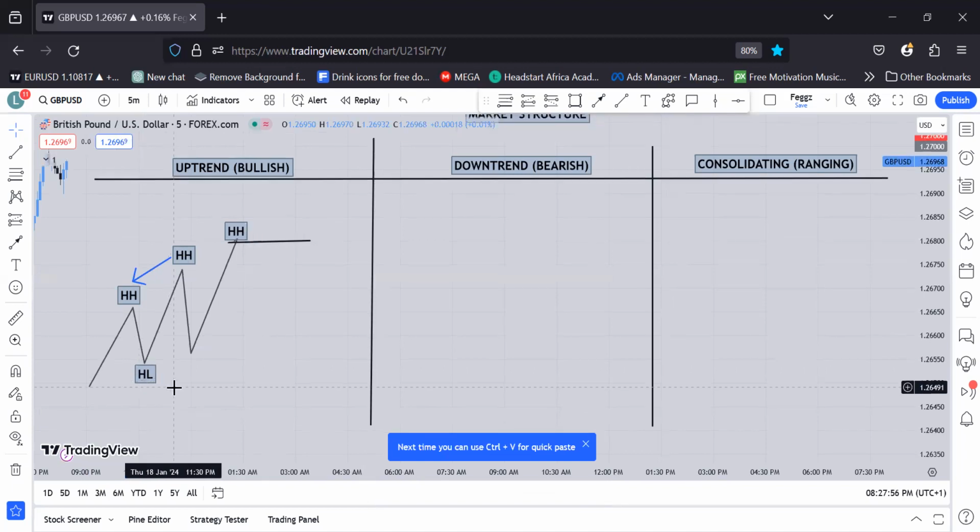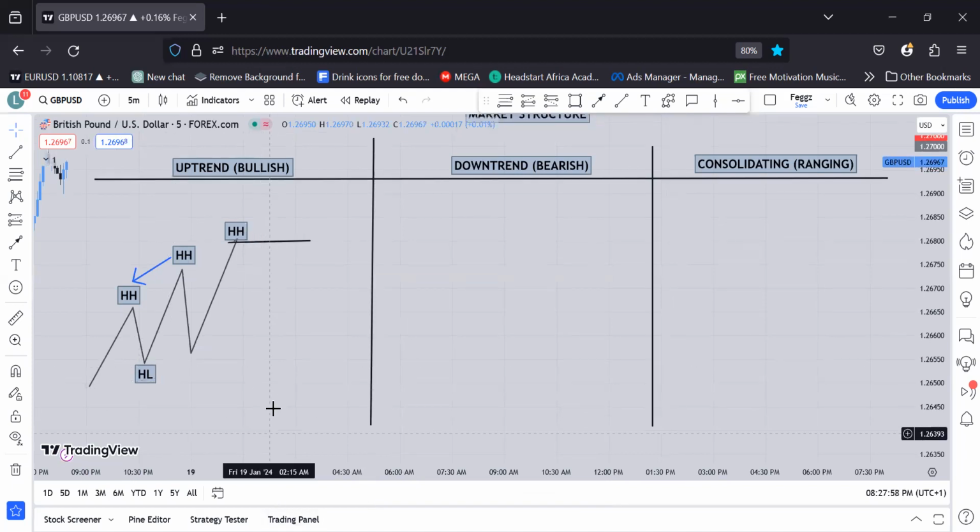Okay. Now, this is another confirmation to know if it's an uptrend or not. How do I know again that it's an uptrend? Another way to know if it's an uptrend is that the previous higher low is what forms the next higher high.